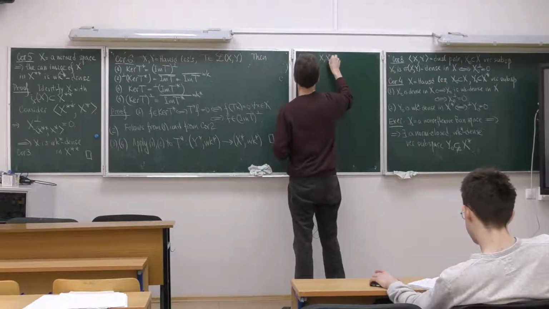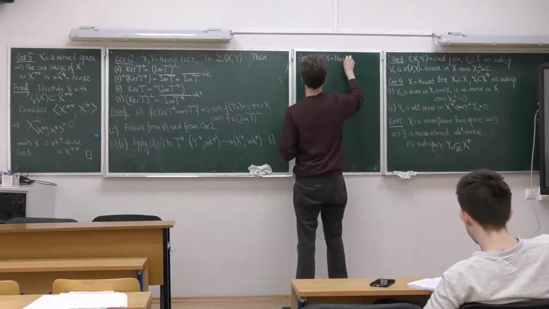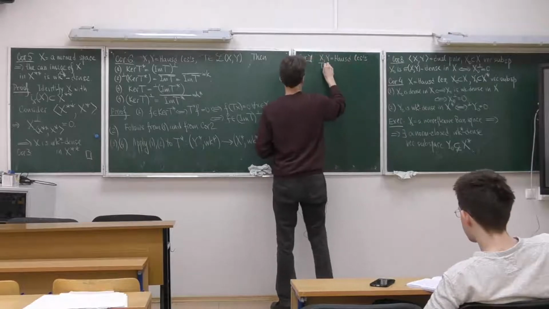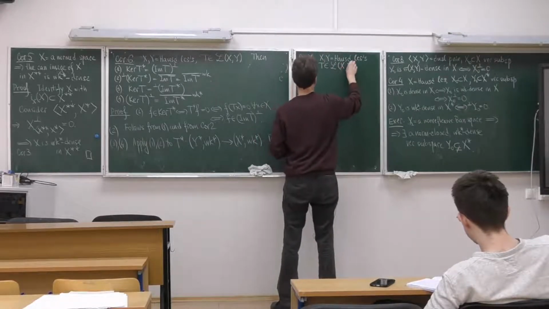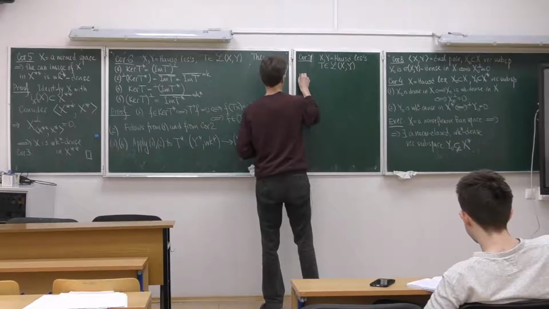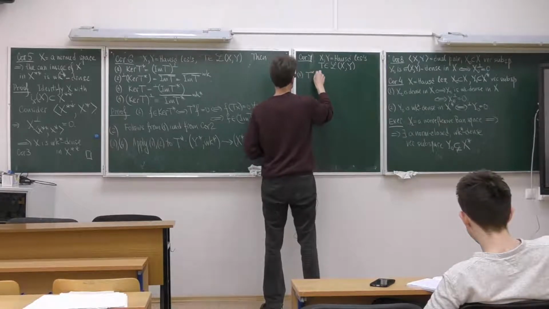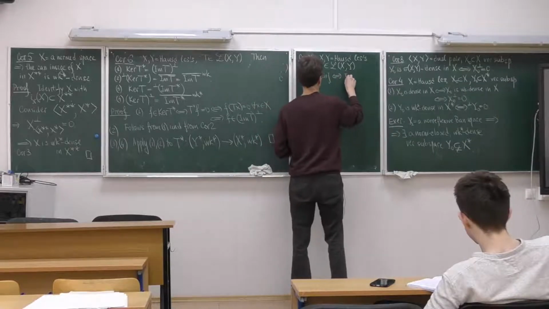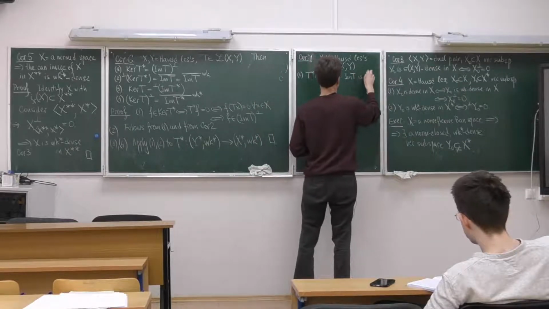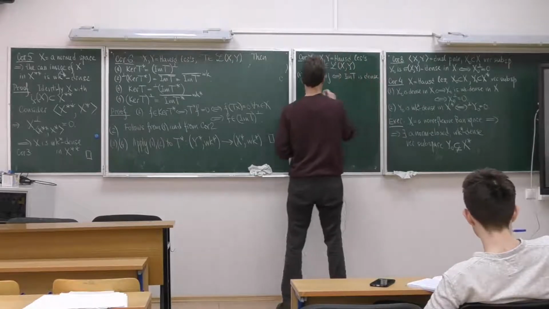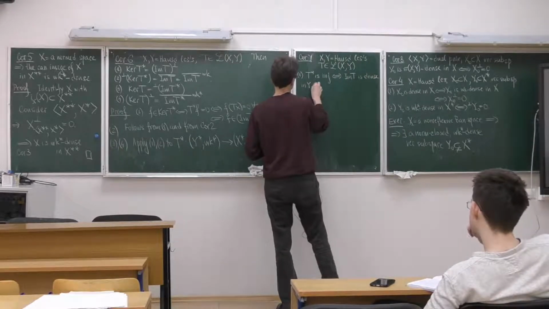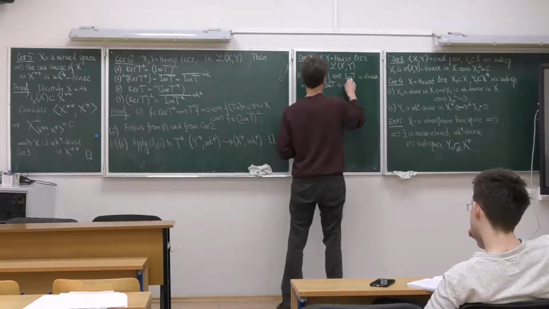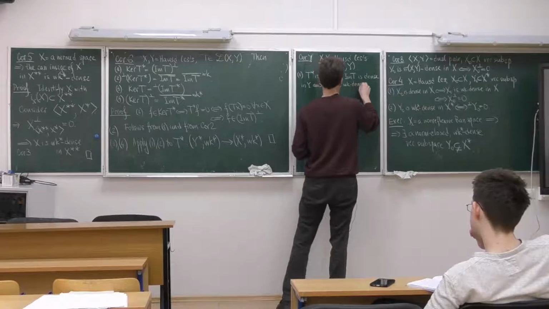Again, we suppose that X and Y are Hausdorff locally convex spaces, and T is a continuous linear operator from X to Y. Then T star is injective if and only if the image of T is dense in Y. And this happens if and only if it is weakly dense in Y.